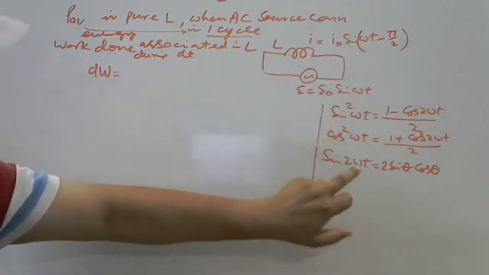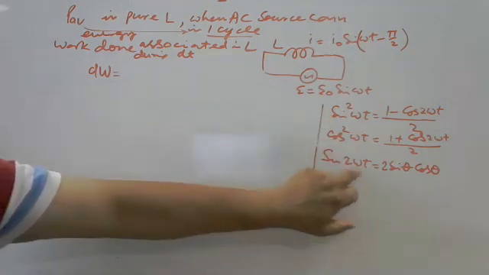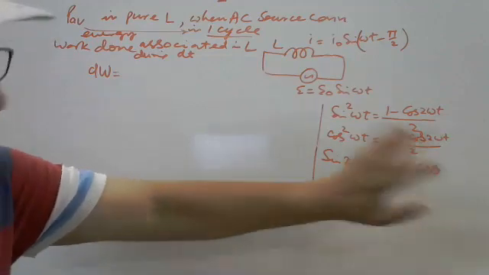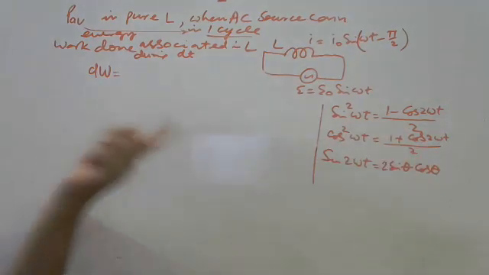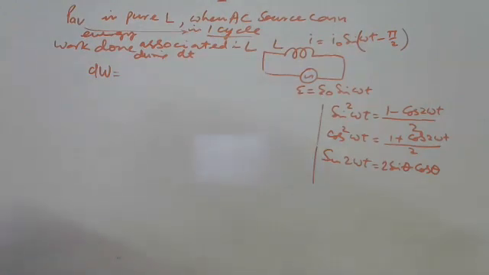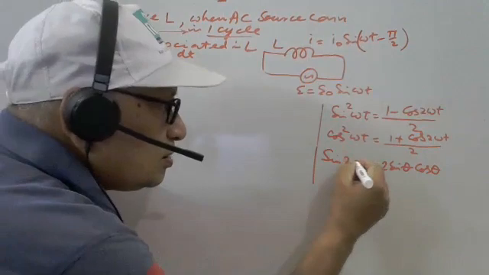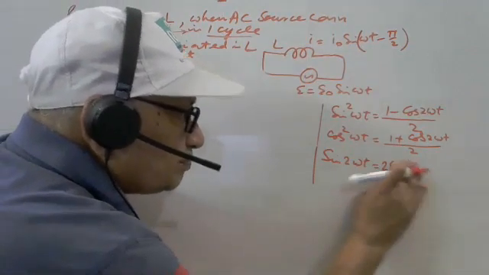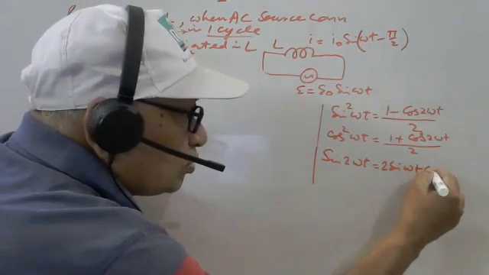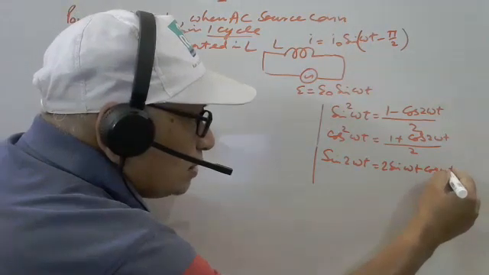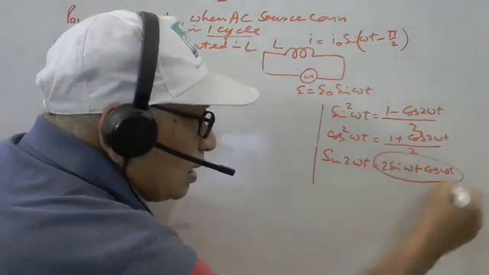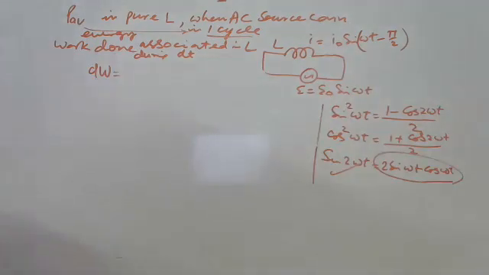Here theta is omega t. So you write sin omega t cos omega t, because we are replacing this term by sin 2 omega t.